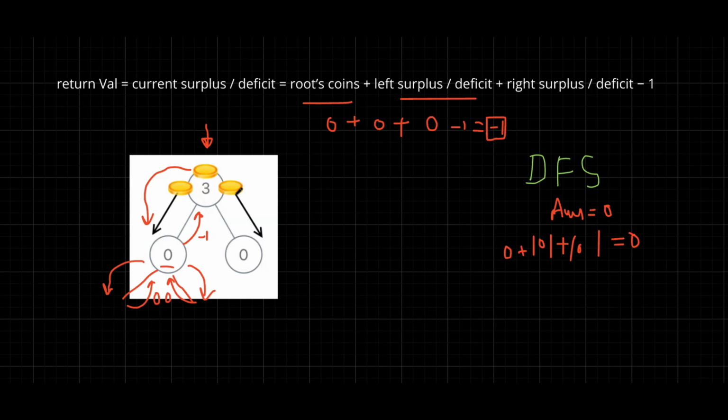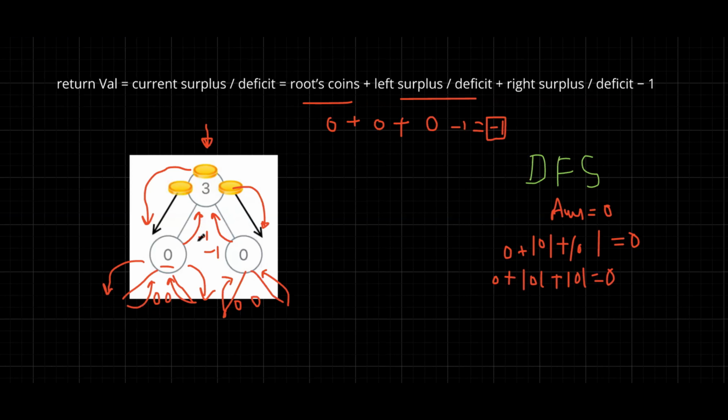Now we are at the node 3, and we will go to its right child 0. Similarly, for the right child, both its left and right child are returning the value 0, and the right child also will return the value minus 1 because it has a 1 coin deficit. Now the answer will be again 0 plus 0 plus 0. So till now the answer will be 0.